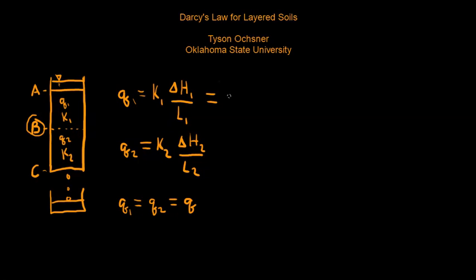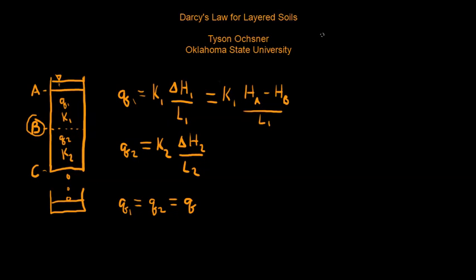We can say that the flux through the first layer is the conductivity of the first layer, K1, multiplying HA, which is the hydraulic head at point A, minus HB, over L1.